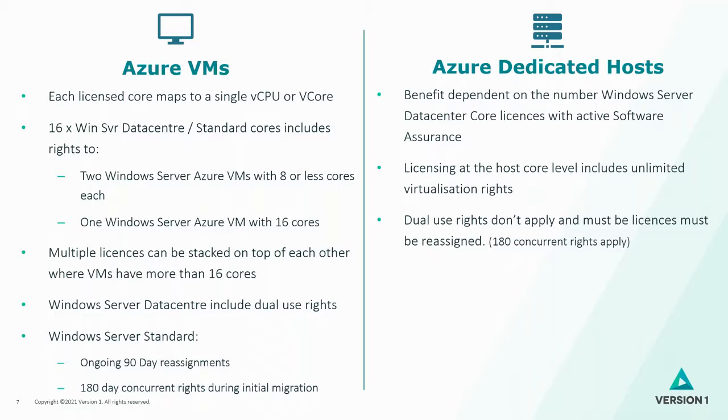But after those licenses with Software Assurance and the hybrid benefit have been applied, essentially those licenses have to remain on those Azure dedicated hosts indefinitely. You don't have the rights to run those data center licenses on those dedicated hosts at the same time as running those licenses on top of physical hosts within your on-premise environment.